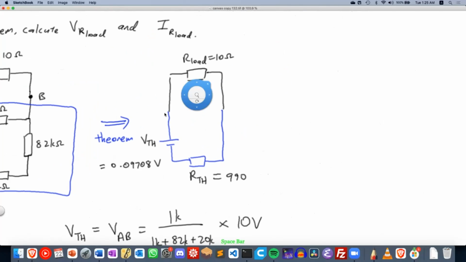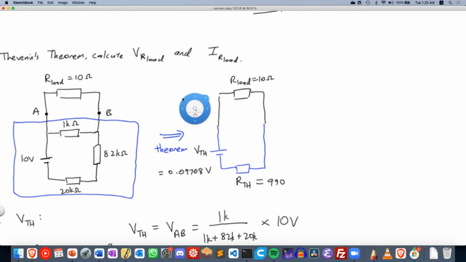Now we can continue on to find the voltage across the R load.